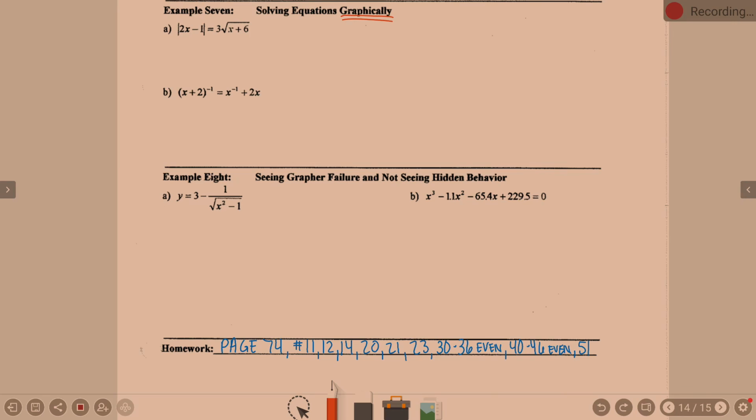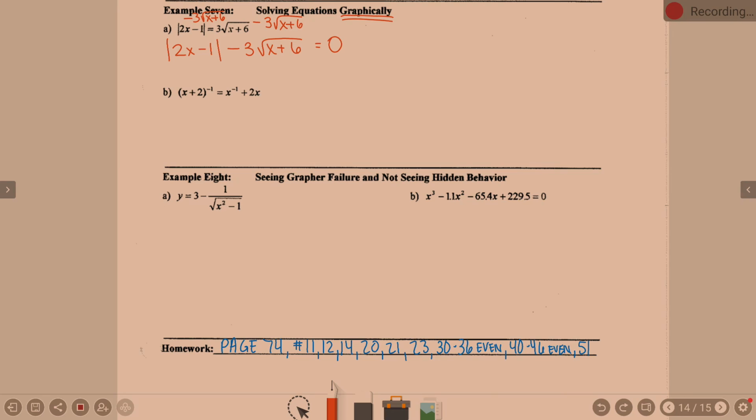No. So what I'm going to do is subtract 3 square root of x plus 6, that whole expression, over to the other side. So then I'm going to have absolute value of 2x minus 1 minus 3 square root of x plus 6 equals 0.